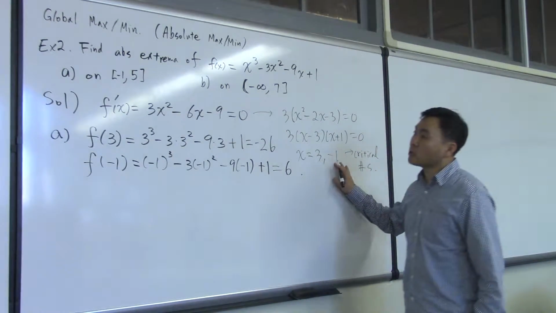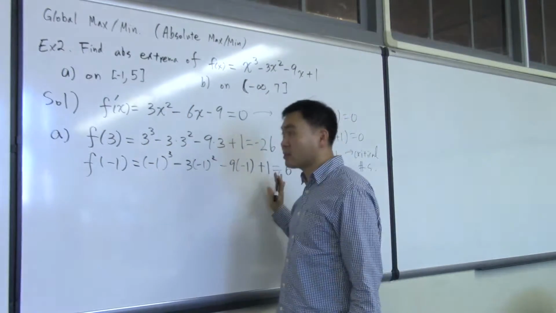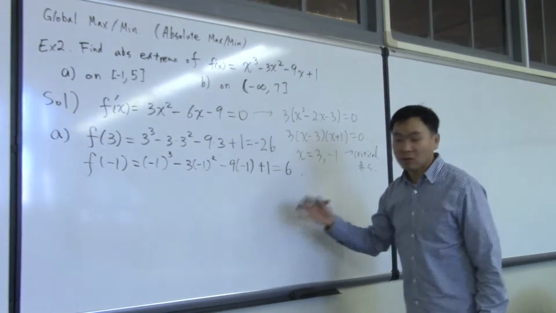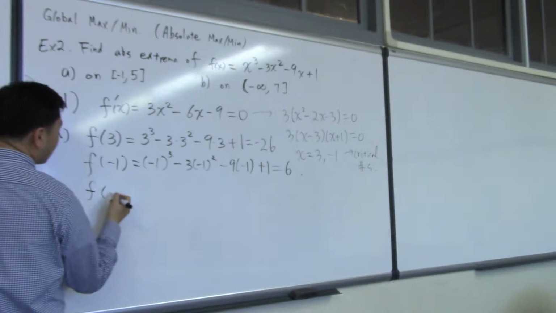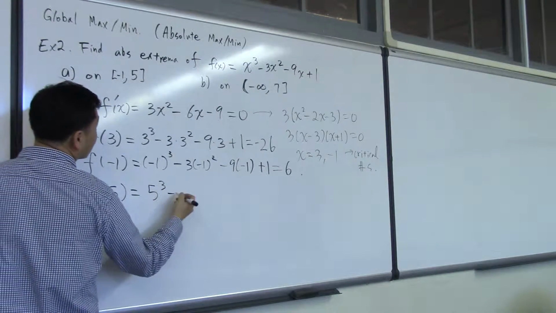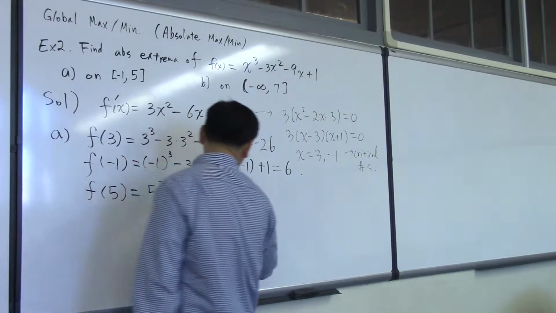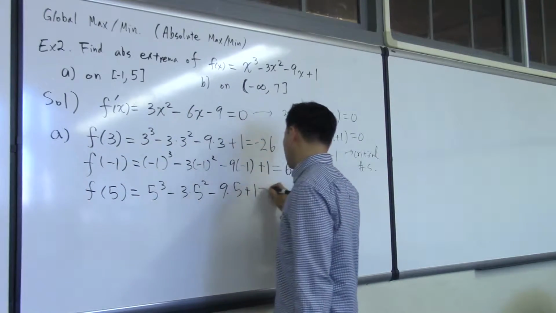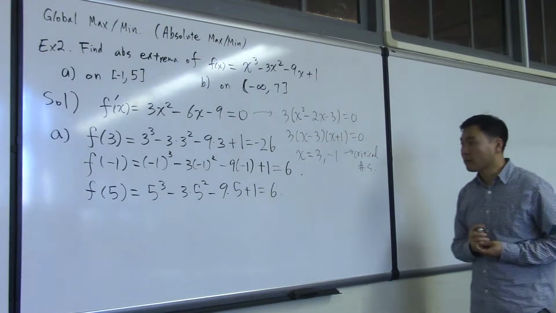Now, negative 1 happens to also be the boundary value, so we've already done the left side. The only thing that remains is f of 5, which again gives you 6 if you compute it.